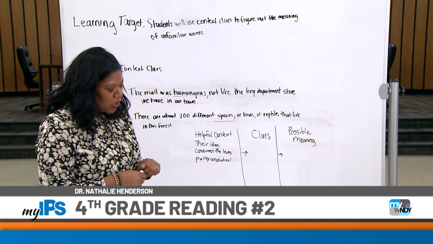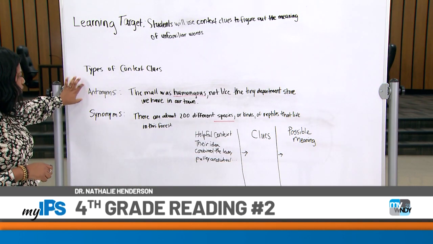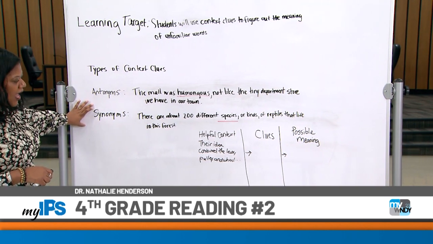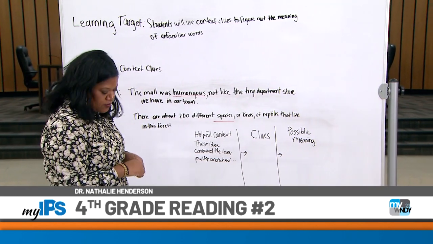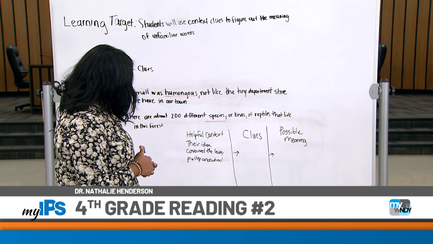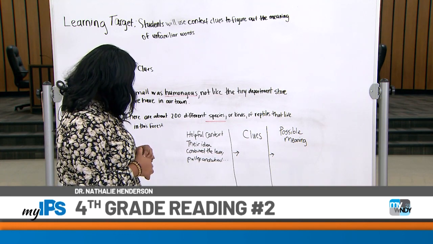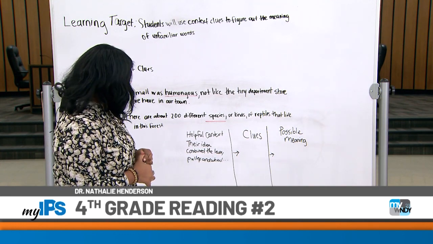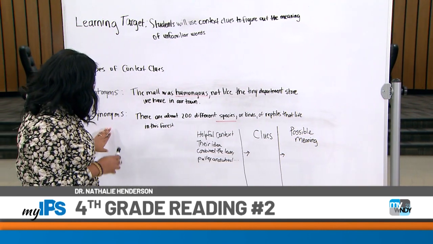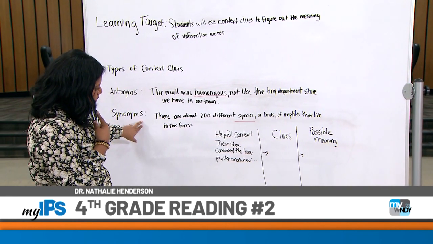What would be my clue? So if I think back to either an antonym clue or a synonym clue, I now have to go back and read into my sentence. Do I see a synonym or potentially an antonym for the word that we didn't know, which was conceived of? Well, I think that in this, a synonym would be my context clue.